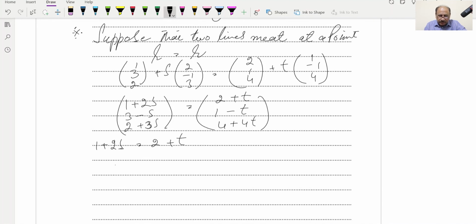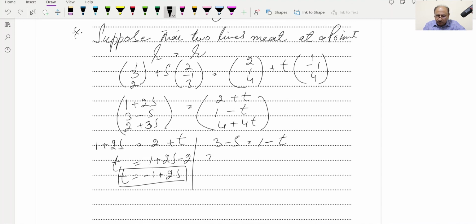This implies the t value will be 1 plus 2s minus 2, so minus 1 plus 2s. We can use this t value when we compare the second equation, which is 3 minus s equal to 1 minus t.